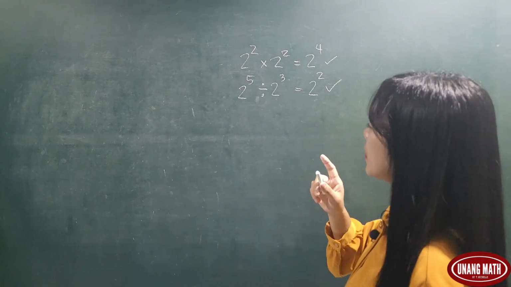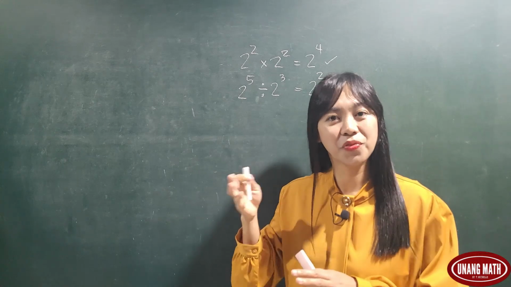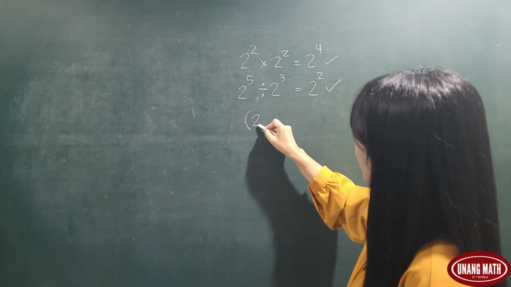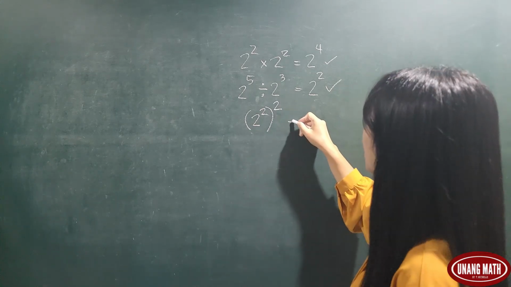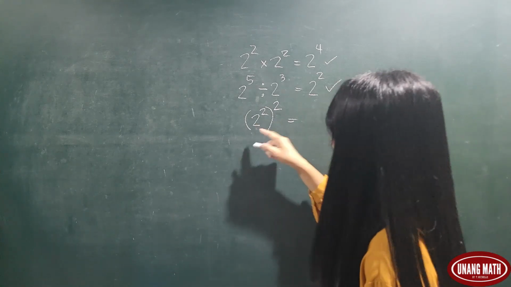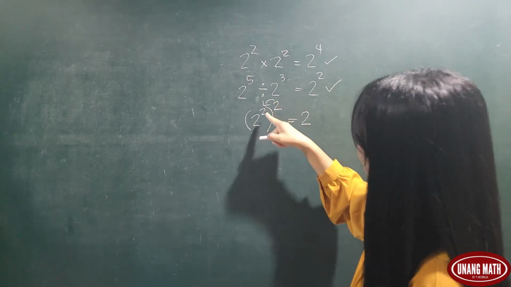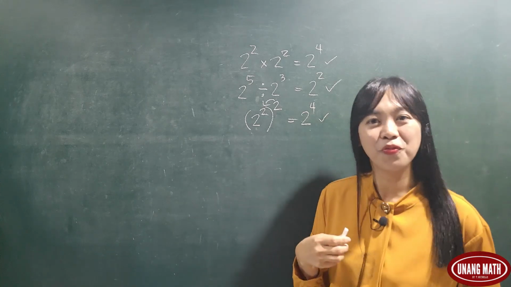Another rule is if a power or exponent is raised to another power or exponent. Example, 2 squared inside the parentheses and it's raised to 2. So what we need to do here is just get the base 2, then multiply the exponents. So 2 times 2, 4. So this is 2 raised to the power of 4.